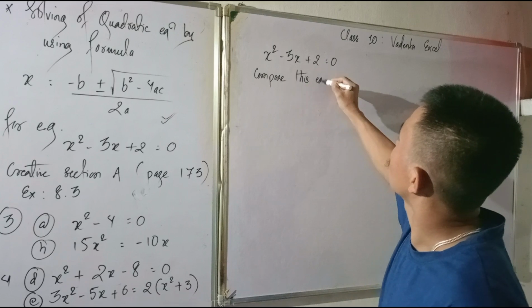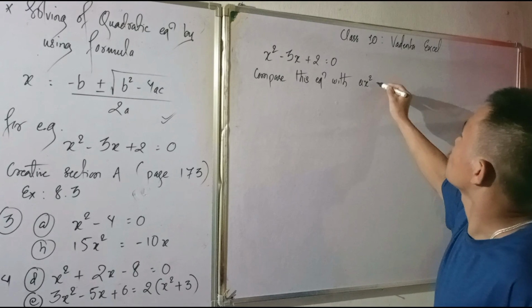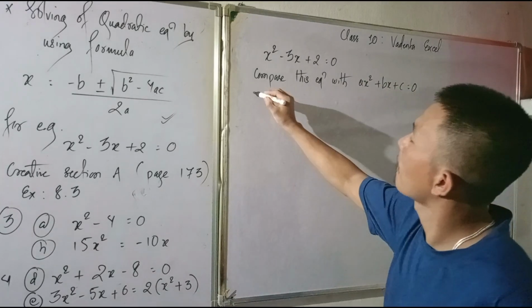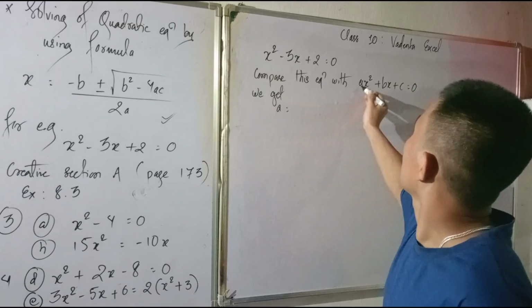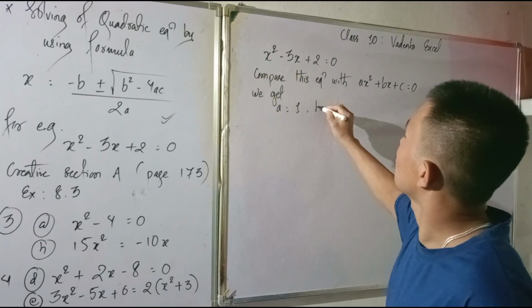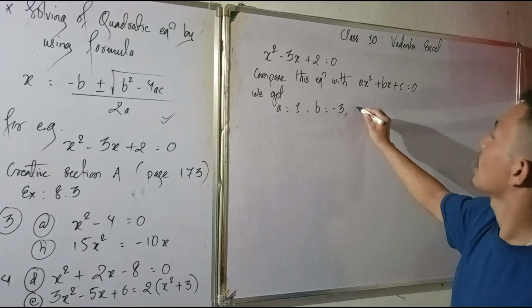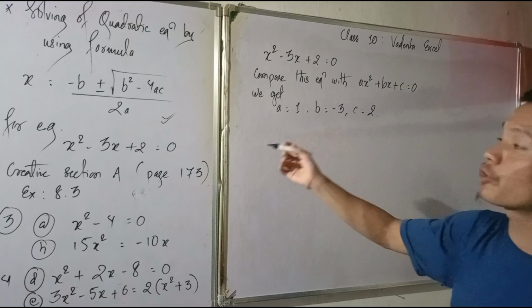Now compare this equation with ax squared plus bx plus c equals 0. We get a equals 1, since there is nothing written there, b equals minus 3, and c equals 2.